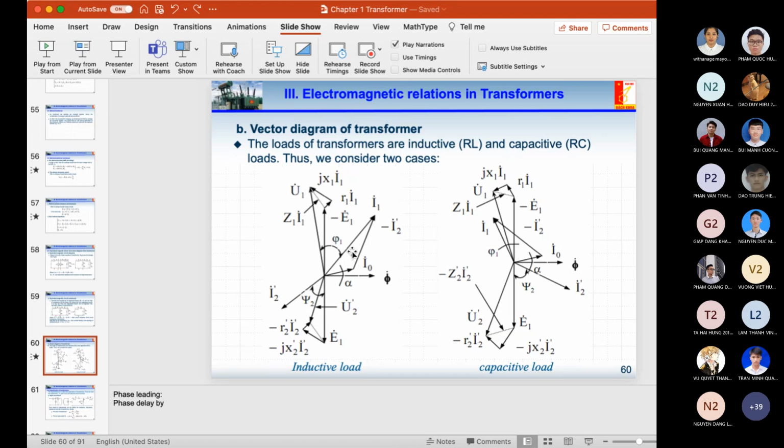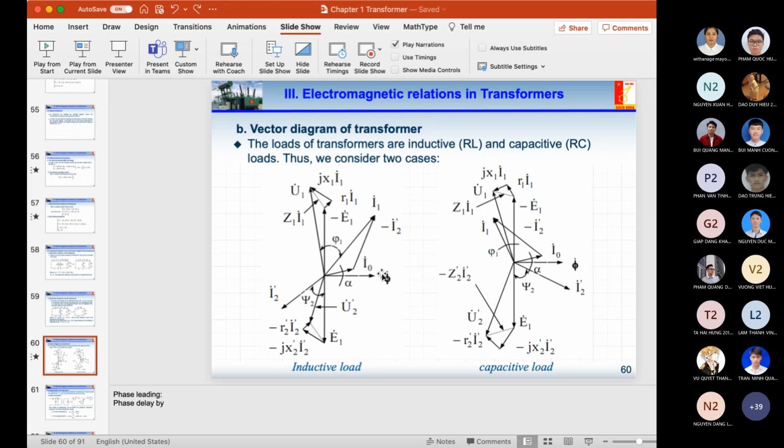In order to produce a magnetic flux flowing in the magnetic circuit, we get I0 here. Because the secondary winding is not connected to the load, I1 is equal to I0.